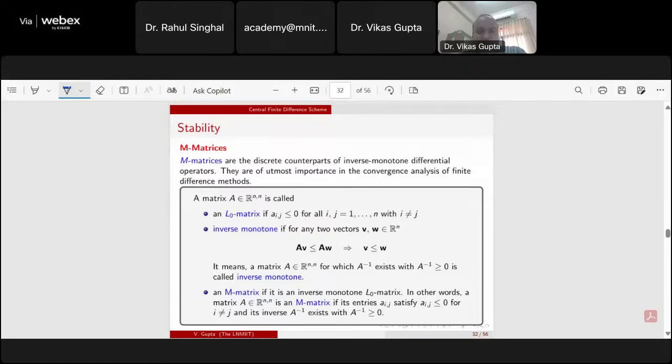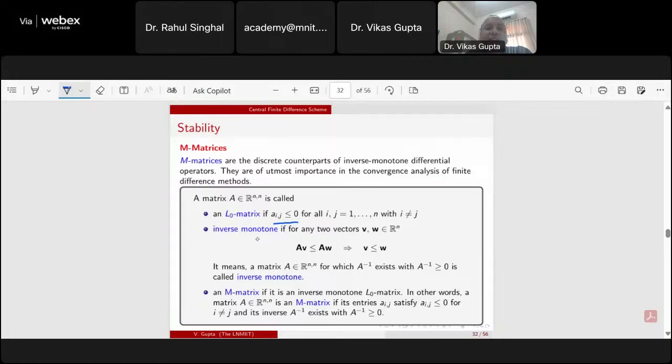So the discrete counterpart of it is the discrete comparison principle. A finite difference scheme satisfies the discrete minimum principle or discrete maximum principle, or in other words satisfies the discrete comparison principle, if the associated matrix A is either an M matrix or the negative of an M matrix. Here matrix A is said to be an L naught matrix if the off-diagonal entries are less than or equal to 0.